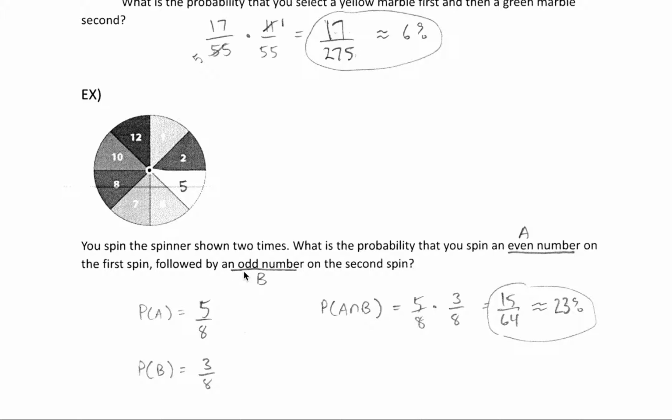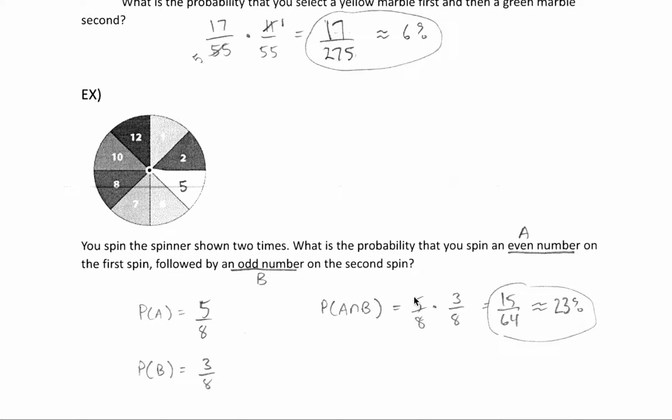Next, if we spin an odd number, we have 1, 5, and 7, so 3 odd numbers there. So 3 out of 8 would be the probability of landing on an odd number. So what's the probability that we spin an even number and then an odd number? Let's multiply our two probabilities and do 5 times 3 on top, that's 15. 8 times 8 on the bottom is 64.